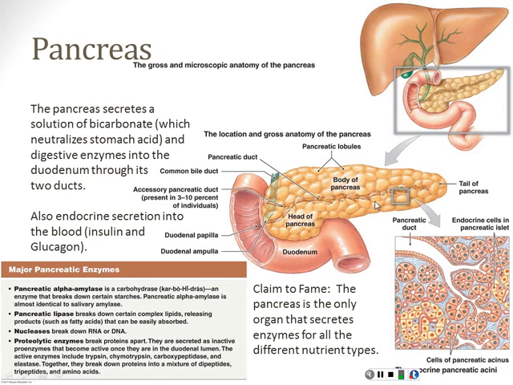The stomach, for example, only has enzymes for proteins. The small intestine has enzymes for carbohydrates and proteins, but it's only the pancreas that has enzymes for everything. So it has enzymes for carbohydrates, enzymes for lipids, and enzymes for proteins. So without a pancreas, we don't digest very well.